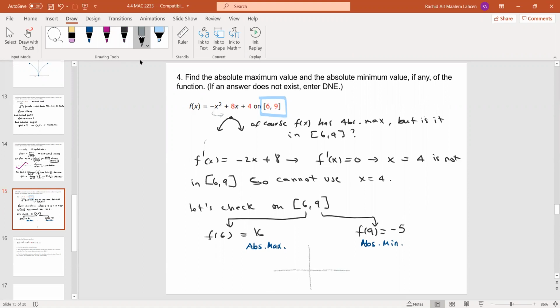So what does this mean? Just a quick thing. Of course, if we graph this function, when you get to 4, it should be something like, I'll do it after that. But the points given are somewhere here, the 6 and the 9.